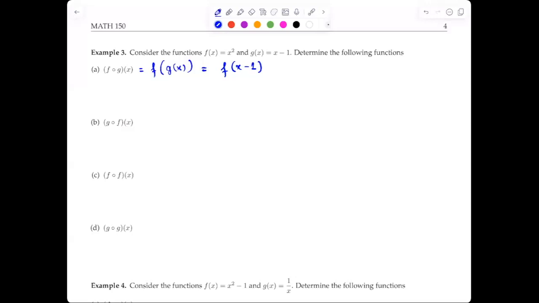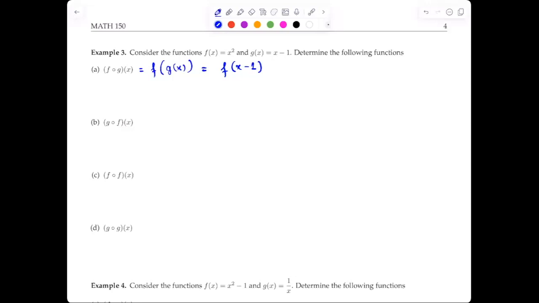Anyway, so what are we calculating? f of x minus 1. You have f of x to be x squared. What are we trying to do?